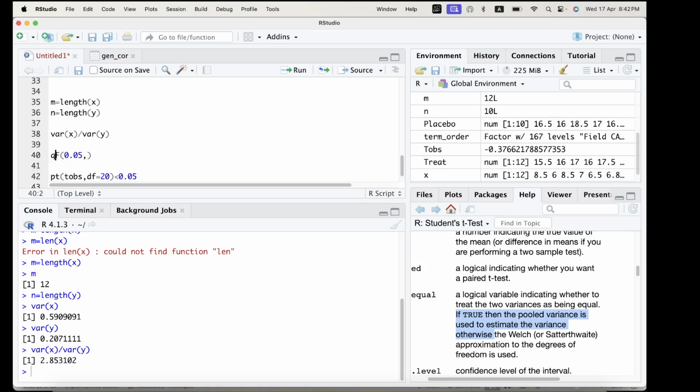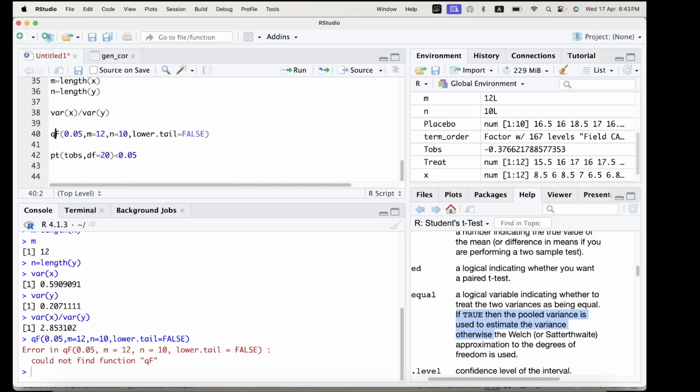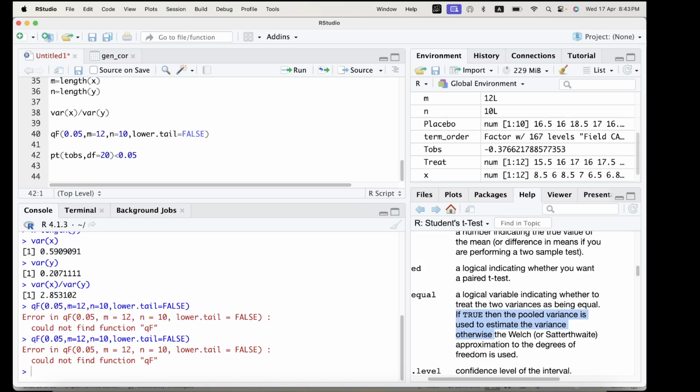So F, is it not a function? Okay. m equal to 12, n equal to 10, and lower.tail equal to false. Why? QF.